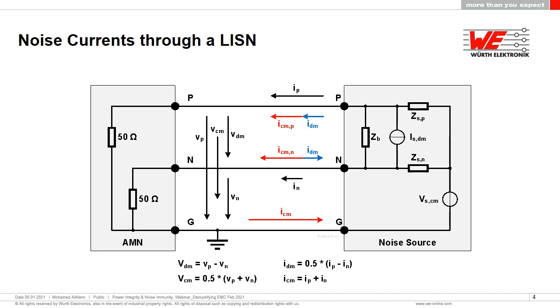So there's no separation between those. You will see a combination of this type of noise. As you can see quite simply, the differential mode goes from the plus, coming back through the minus. With the common mode, it goes on the plus and the minus and comes back through the ground, hence the large loops that we were talking about before.